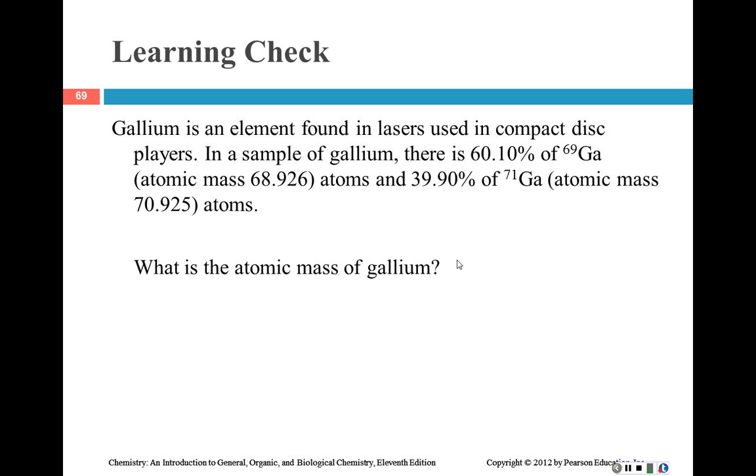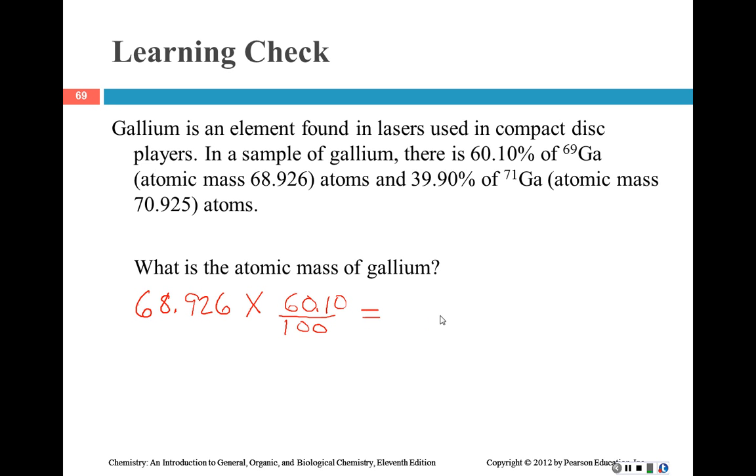What is the atomic mass of gallium? So what it's basically asking us is to do a weighted average of this. And so you set it up just like before. You have the atomic mass, which is 68.926, times the percent, which is 60.10 out of 100.